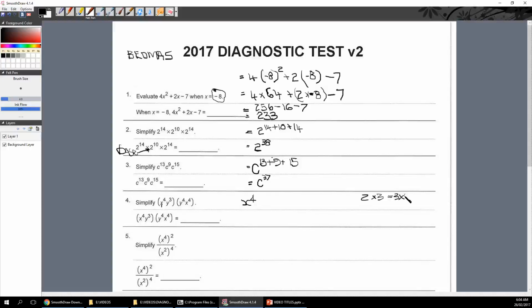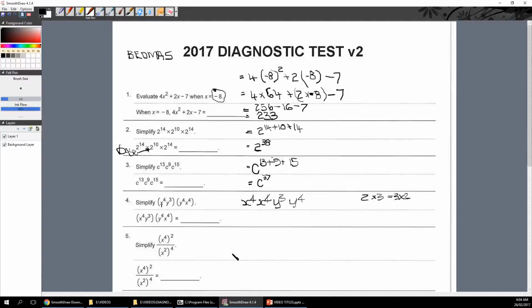The order doesn't matter with multiplication. Different story with subtraction and division, but with multiplication and addition, the order does not matter. 2 times 3 is the same as 3 times 2. But 2 minus 3 is not the same as 3 minus 2, is it? So we can rearrange for that. So I'm going to put x to the 4th, y cubed, which is from the first bracket, and y to the 4th from the second bracket.